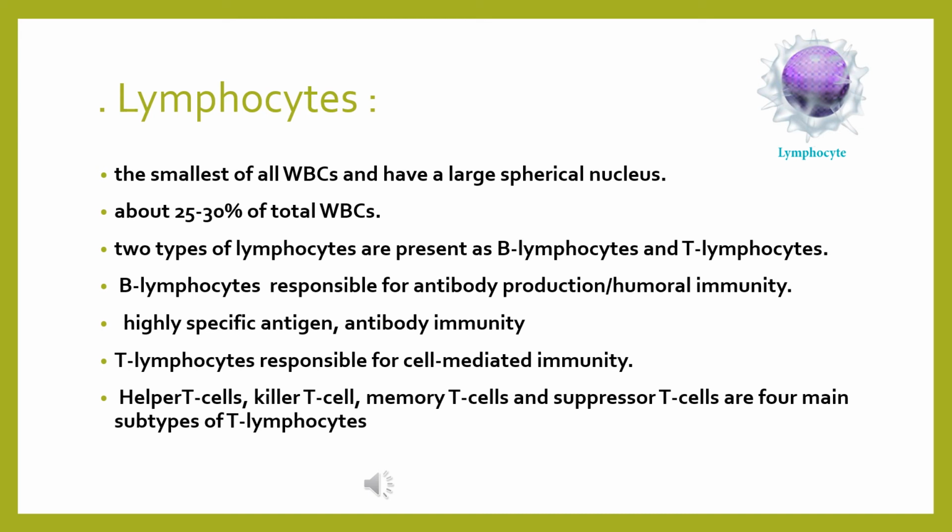This T lymphocyte is responsible for cell mediated immunity, meaning at the time of infection, when the body is infected by the antigen, the T lymphocyte undergoes division and forms clones of T cells, and these clones are helper T cells, killer T cells, memory T cells and the suppressor T cells. All have different functions which help cell mediated immunity.